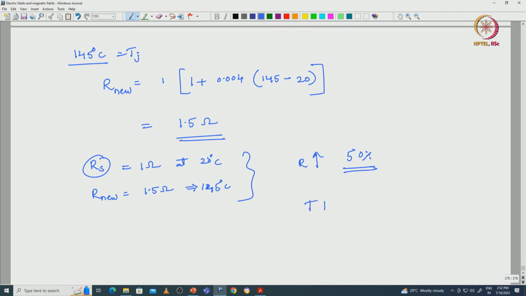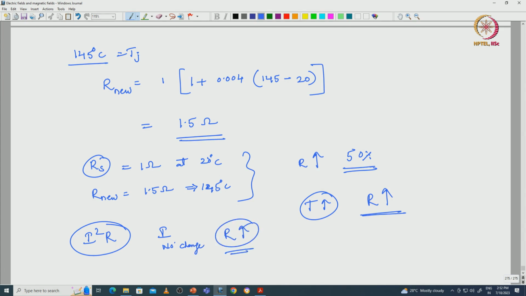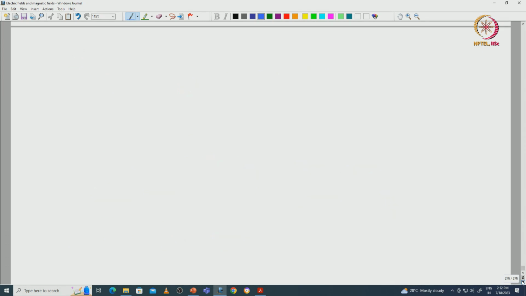Same way, if we increase the temperature, automatically the resistance of the winding also increases. If the resistance of the winding is increasing, I squared R loss for the same current, current is not changing, R is increasing, that means the copper loss also will vary in the same ratio.